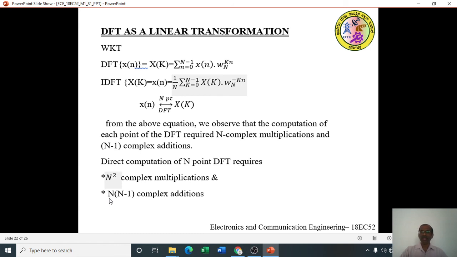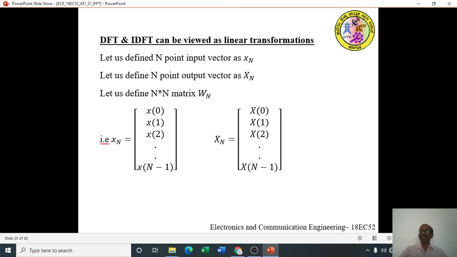As I was saying, these two formulas look like sums of products. Why can't we handle this as a matrix multiplication? Handling this DFT formula as matrix multiplication is called DFT as a linear transformation. First, let us define an input vector equivalent to x of n.